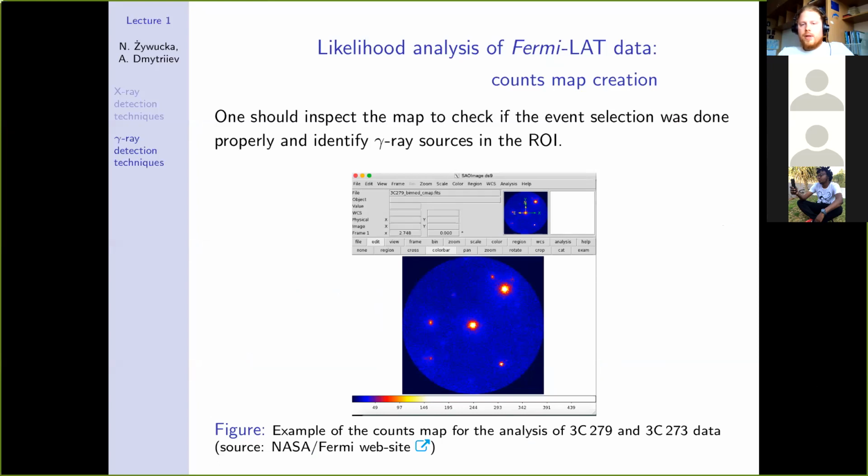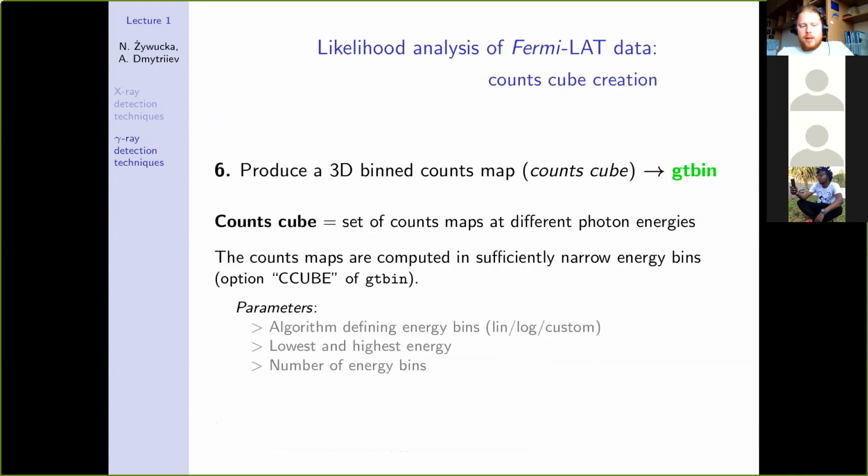You have no photons, and then you will waste the resources for nothing. So you have to make sure that you didn't apply too tight cuts, that you get enough events, and that you don't get too much noise. This is verifying that you've done a proper selection.